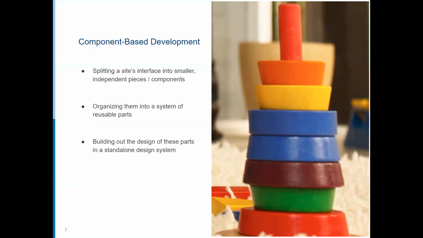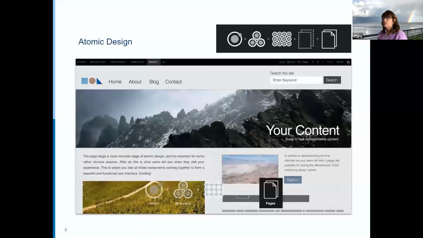So imagine splitting your web page into every piece of component of the page. I'll go into this in a little more detail in the next slide. But we're organizing a website into a system of reusable parts, and those parts are being used on various pages throughout the website.